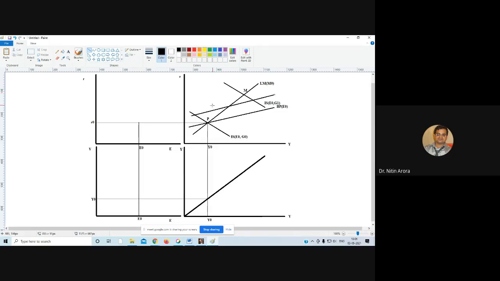Okay, the BP curve will be shifted backward, or to the left, and the IS curve will shift downward because of this change in the exchange rate. The new IS will be this.